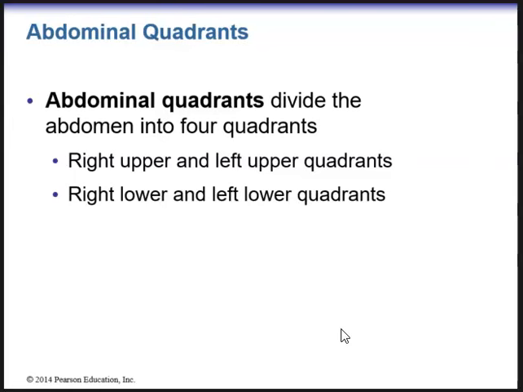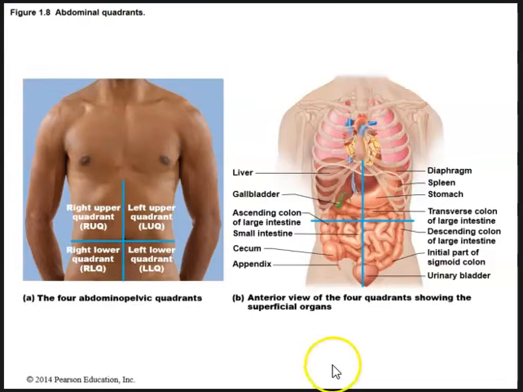Now we use quadrants to help us get an idea of where we can locate specific structures, specifically abdominal organs. We know that, for example, the appendix is located in the right lower quadrant. So we'll use quadrants to help us locate different organs.